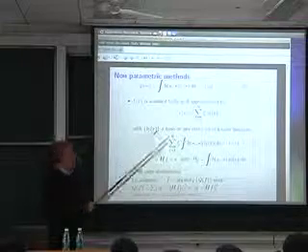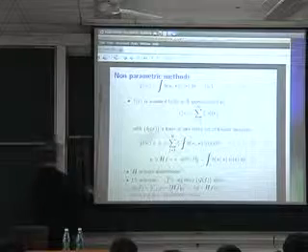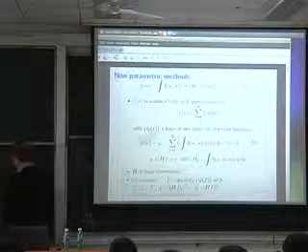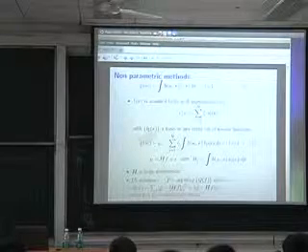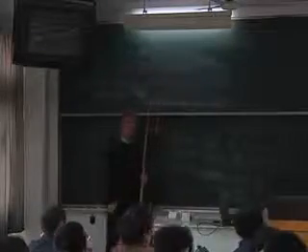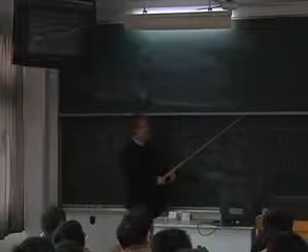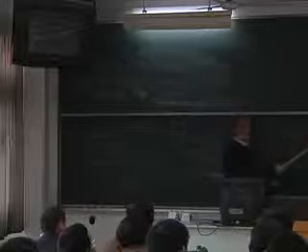For example, the basis function here would be a function which is equal to 1 here and 0 elsewhere. In this case, the value of fj is the mean value of the pixel j.